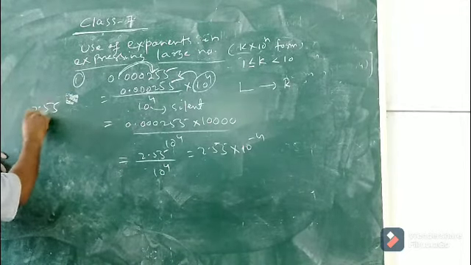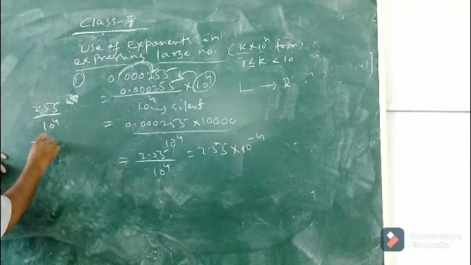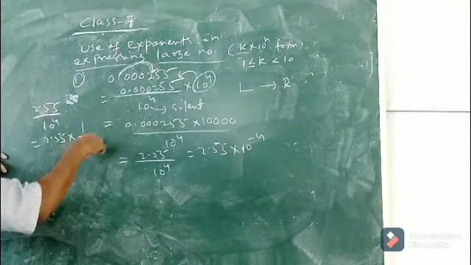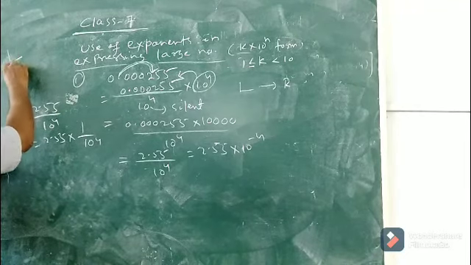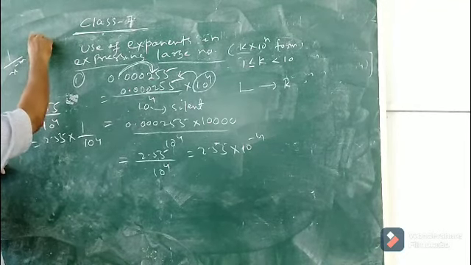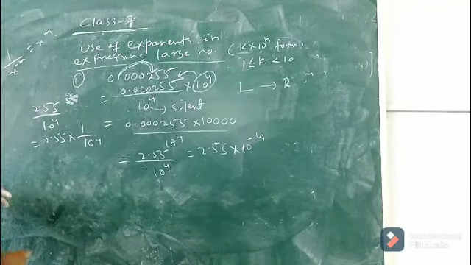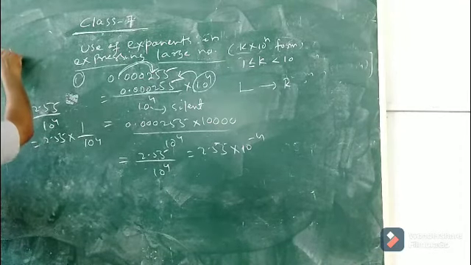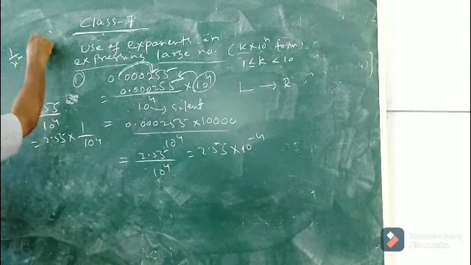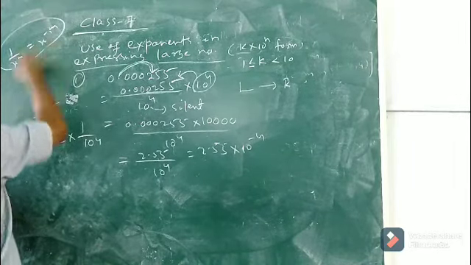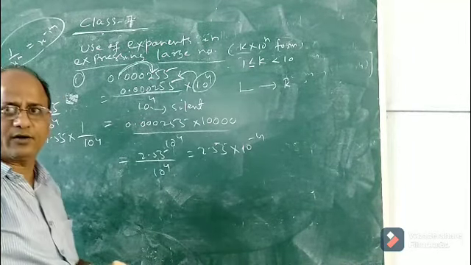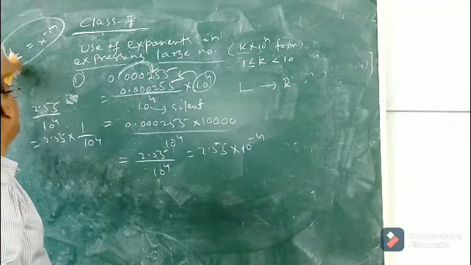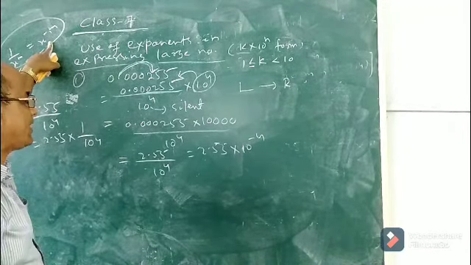Because it is divided. 2.55 by 10 to the power 4 means 2.55 into 1 by 10 to the power 4, and you know the formula, 1 by x to the power m equal to x to the power minus m, which we discussed in exponents.